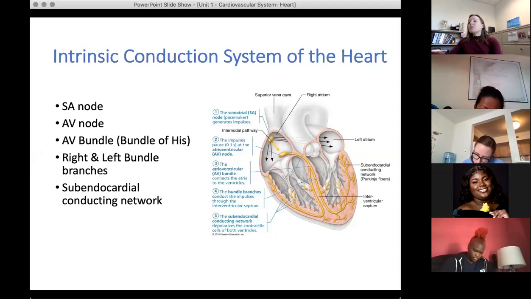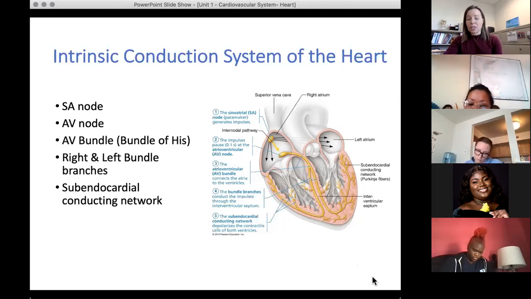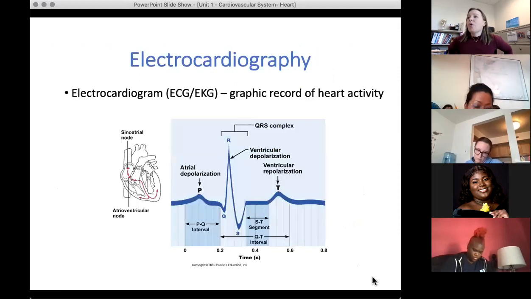Okay. So the last section here to talk about is electrocardiography, basically what you see on an EKG. An electrocardiogram is a record that you can actually see, like it looks like a graph almost, of the heart's activity. It's a recording of the heart's activity.